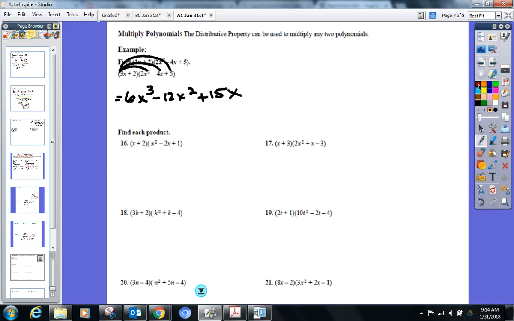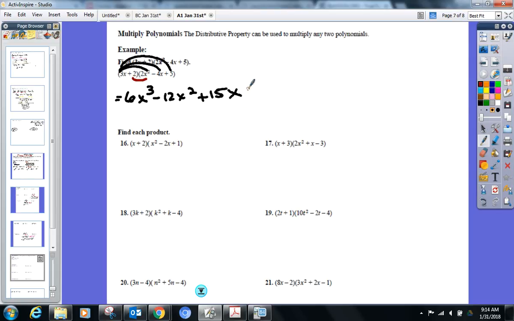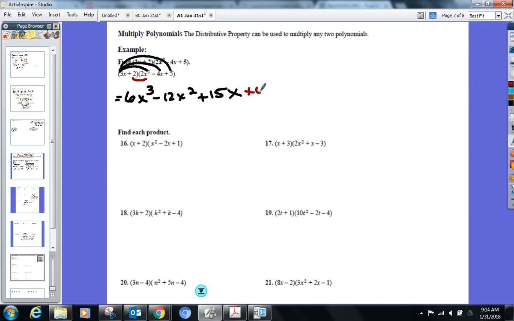Now what should I distribute in that binomial? The 2, ready? Do it with me. 2 times 2x squared, 4x squared. 2 times negative 4x, negative 8x. And then finally, 2 times 5. There it is. Now we got a clean house.